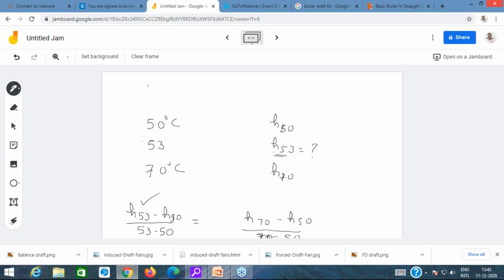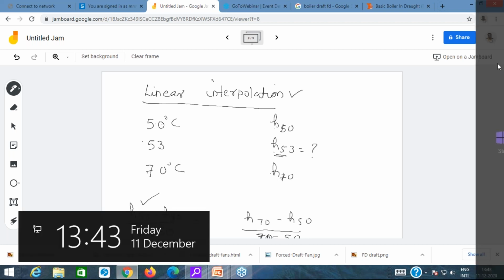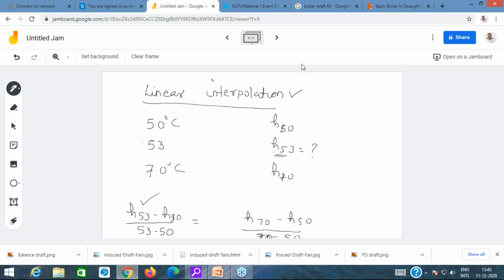This is called linear interpolation. This way you can find any values, whether enthalpy, entropy, or specific volume. The values which are not directly available in the steam tables can be interpolated by this method. Is this clear, Sharvari? For others also, is this clear? The linear interpolation which I explained now.